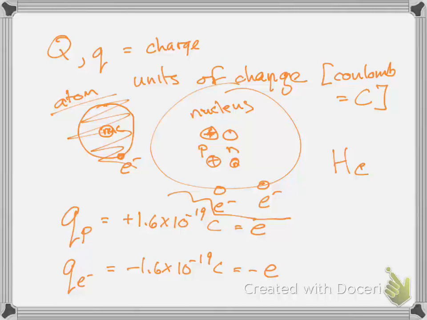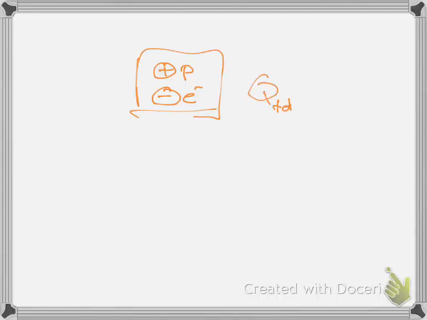So what I want to point out is that 1.6 times 10 to the minus 19th coulombs is a very small charge compared to 1 coulomb, compared to the MKS unit. So a coulomb is a lot of charges. How many charges in a coulomb? If I have a coulomb of charge, how many more positive charges do I have than negative charges? If I have one positive charge, a proton, and one negative charge, an electron, then my total charge is what?